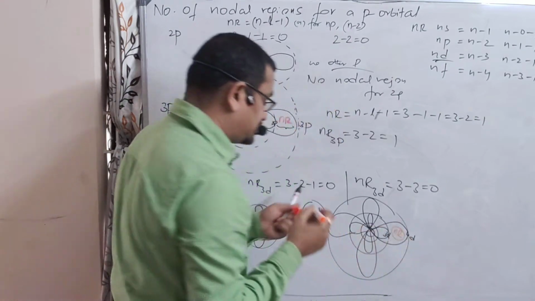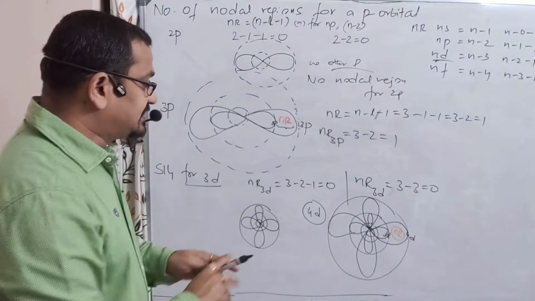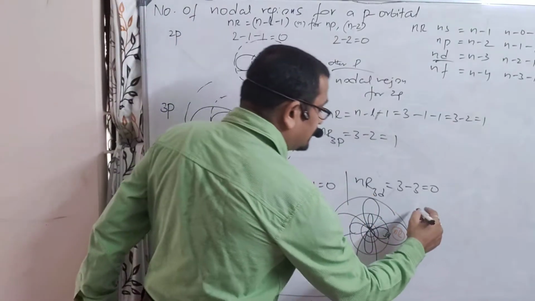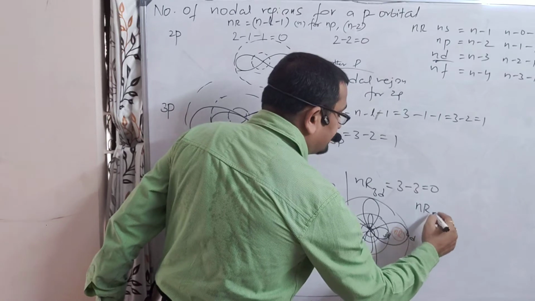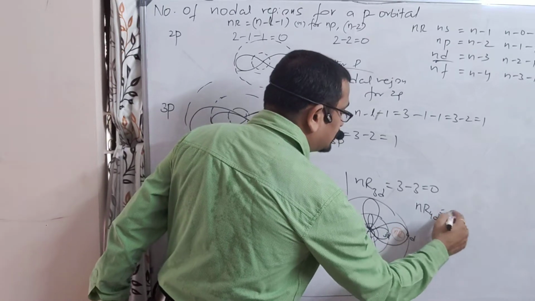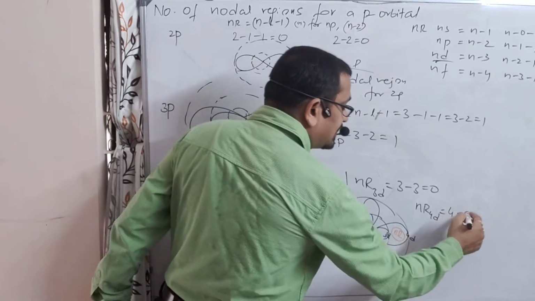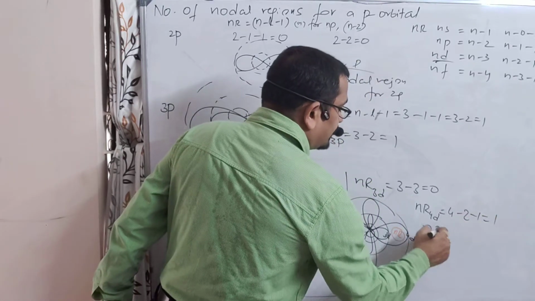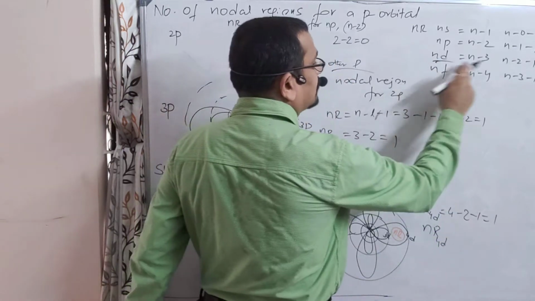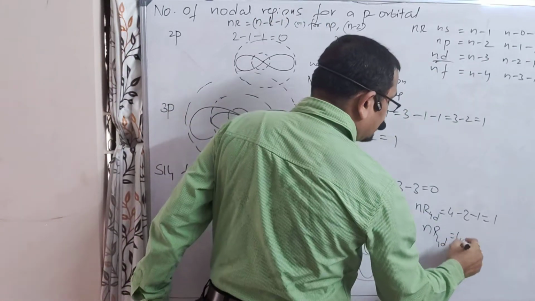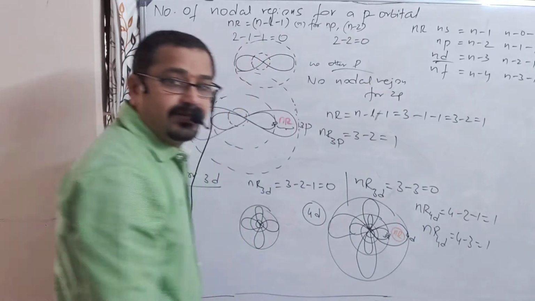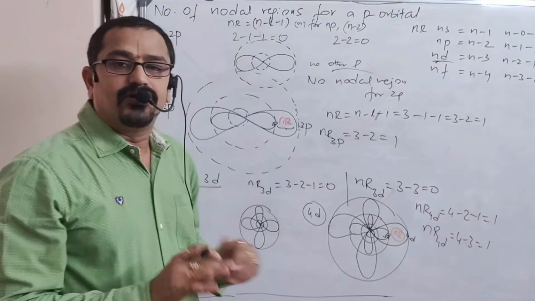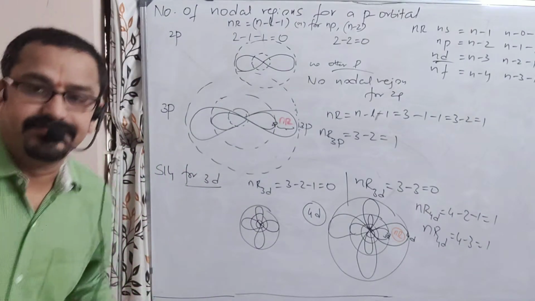This is the nodal region for 4d. So this is theoretical, using a picture. Then how do you find it using a formula? Nodal region for 4d equals 4 minus, what is the l value? 2, minus 1. It is one nodal region. Or for a d orbital, the formula is n minus 3, 4 minus 3, it is 1. Okay, this is how we can calculate the number of nodal regions when an orbital is specified.